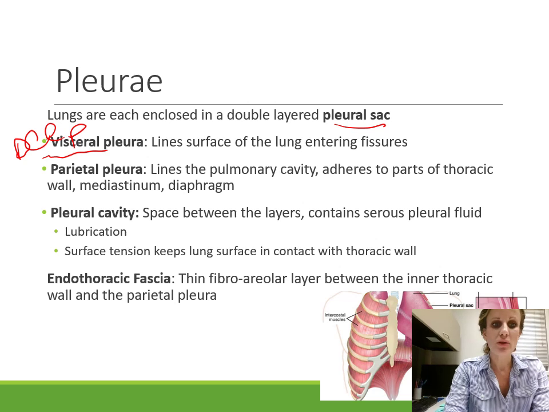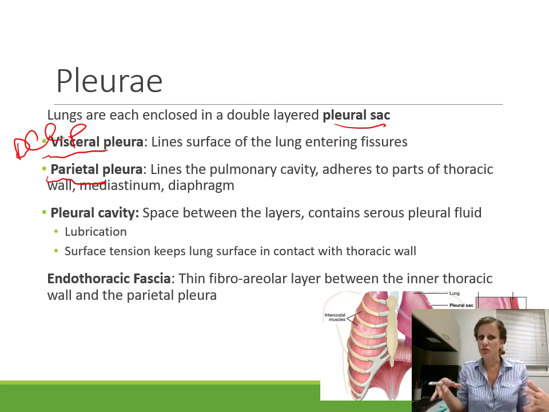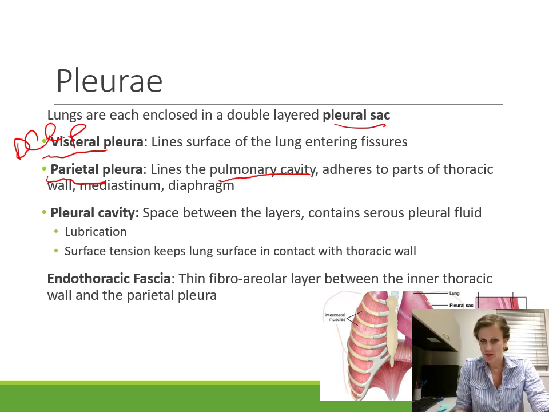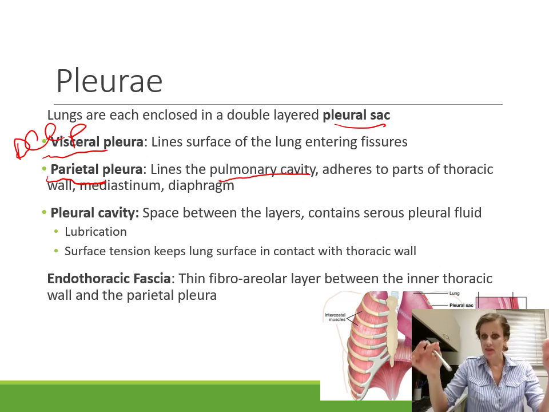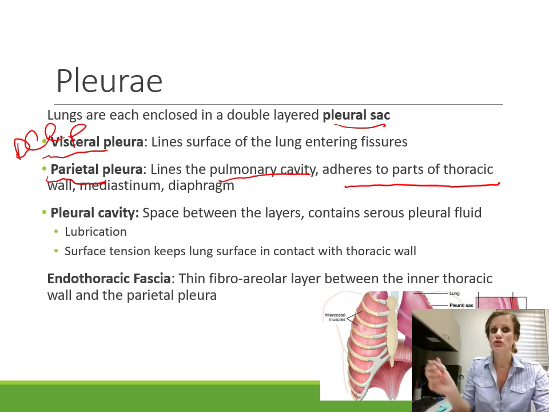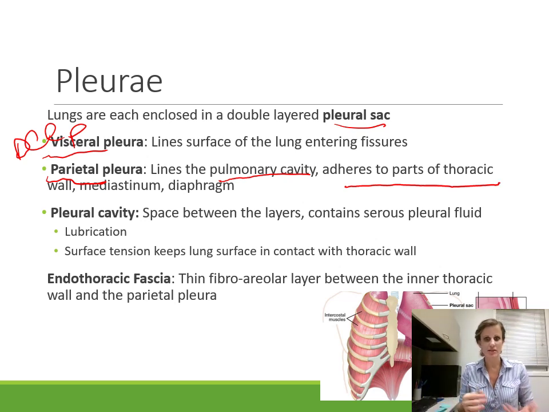The parietal pleura then is the outer layer or the more superficial layer. The parietal pleura lines the pulmonary cavity, okay, which is the space between the two layers. And on the outer side, it adheres to the internal thoracic wall, mediastinum, and diaphragm.